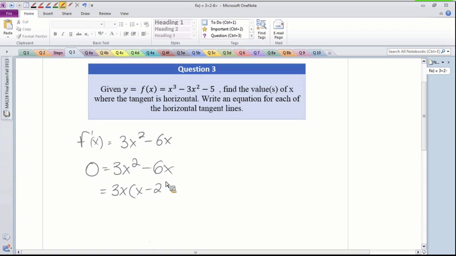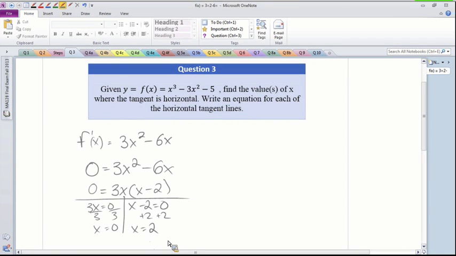We'll have x minus 2, and split this up into 2. So 3x is equal to 0, and x minus 2 is equal to 0. If you divide by 3, x is equal to 0. Add 2, x is equal to 2. So these are the values of x where the tangent line is horizontal. Any questions?